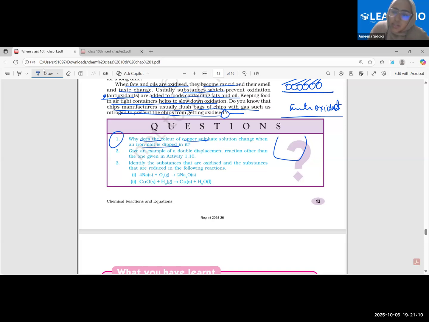They are saying it's a redox reaction, and in the reaction, we will have to know what substance is undergoing oxidation or reduction.